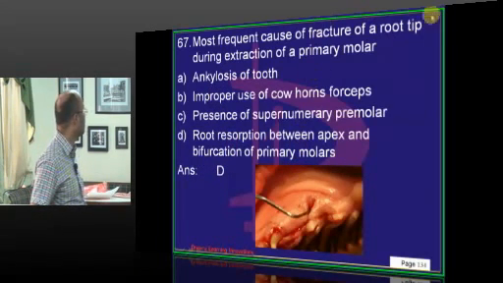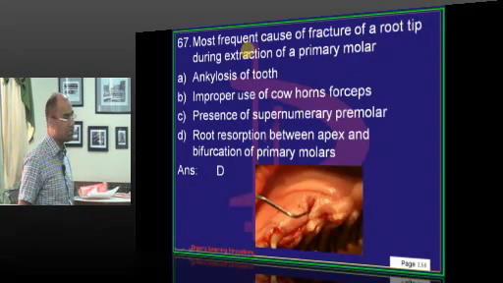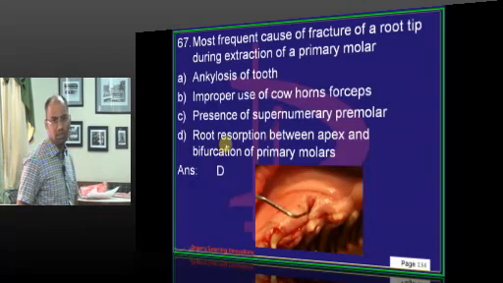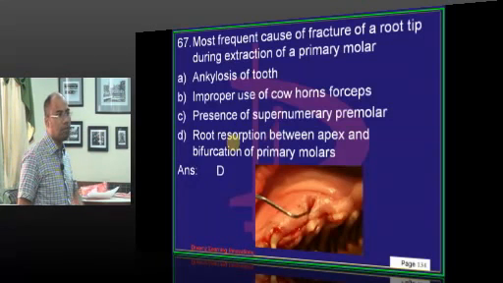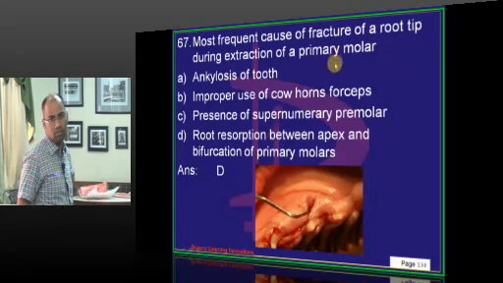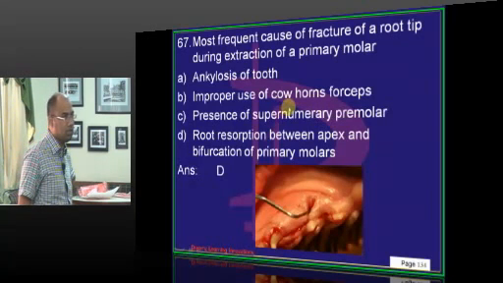What he is asking is what the frequent cause of the fracture of the root tip during extraction is, not ankylosis or forceps, because there is asymmetric root resorption, where one root has resorbed more when compared to the other root. That is why you see the fracture of the root tip. In any primary molar extraction, if there is a fracture, you have to suspect asymmetric root resorption. Both the roots would not have resorbed properly.